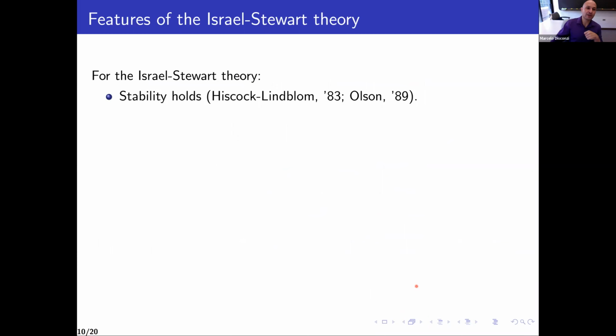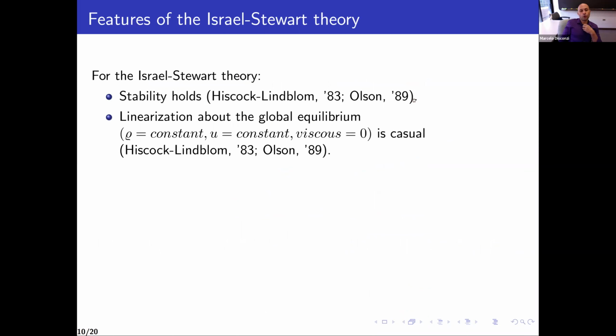Nevertheless, despite being complicated, people were able to say quite a few things about these equations. First, stability holds. So these equations are stable. So that's good. And if you look at the linearization about global equilibrium, those equations are causal.